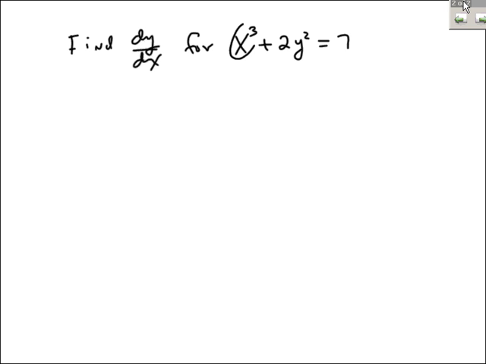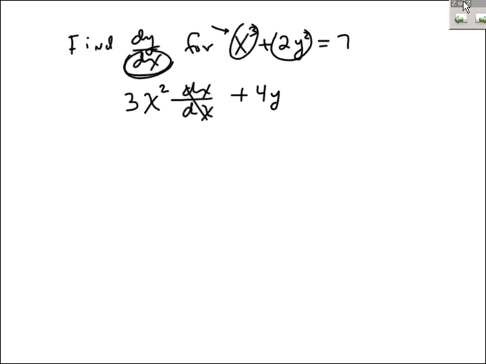Well, the derivative of x cubed, like always, is 3x squared. X cubed is clearly in terms of x, and we divide it by dx, so this cancels out to 1. Plus, the derivative of 2y squared is 4y.